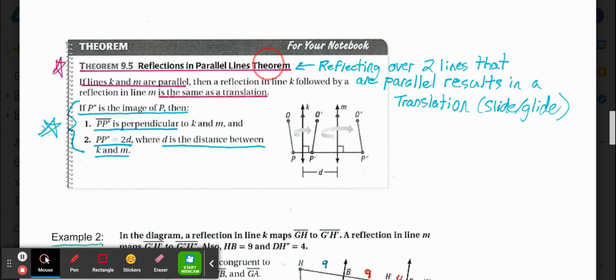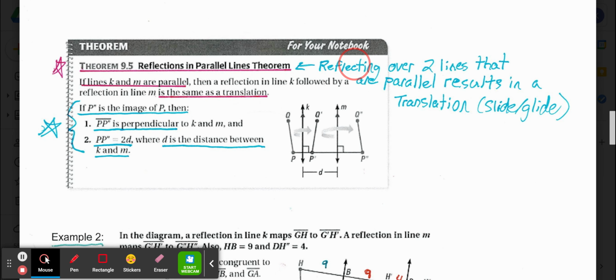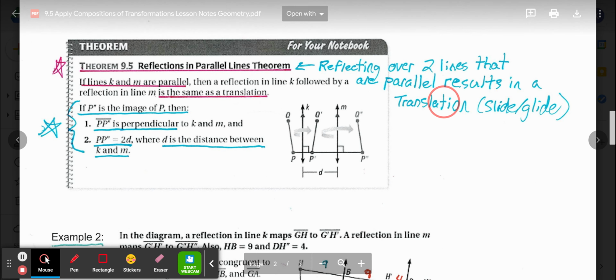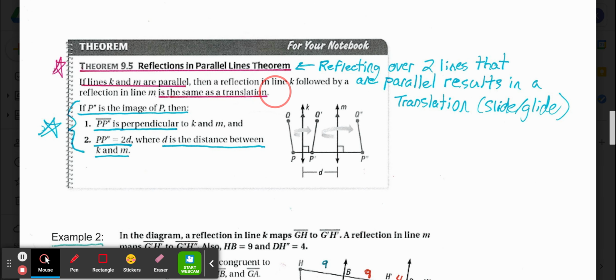Simply put, when we reflect and then reflect again over two lines that are parallel, it results in a translation, or a slide or glide of the original to the final. The theorem reads: if lines K and M are parallel, then a reflection in line K, followed by a reflection in line M, is the same as a translation.